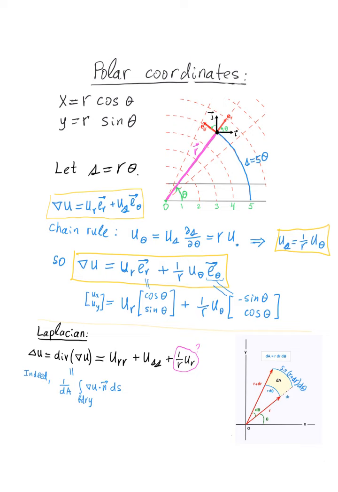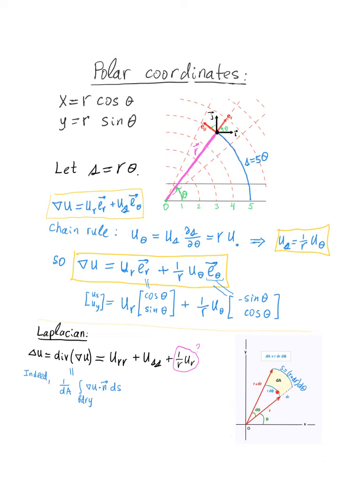So that will be the flux density of the gradient vector field. Now we can take any region we like. It doesn't have to be a circle. In particular, we can take a region which conforms to our coordinate system.